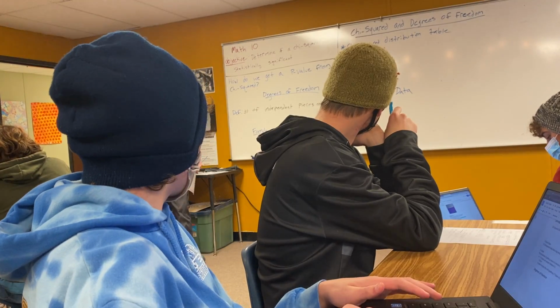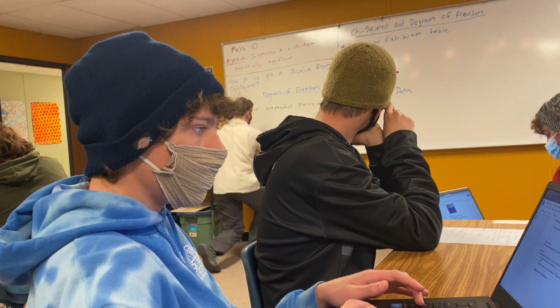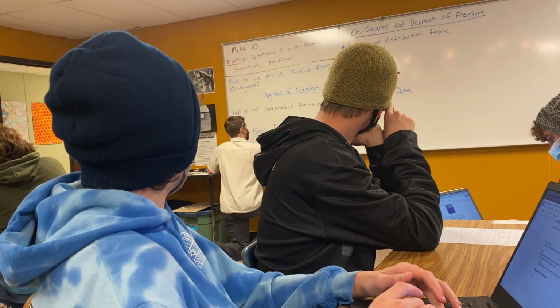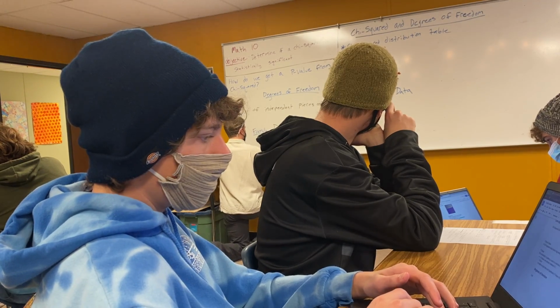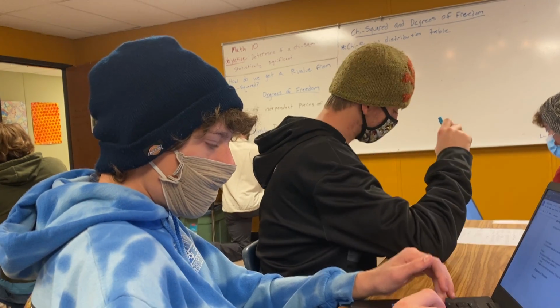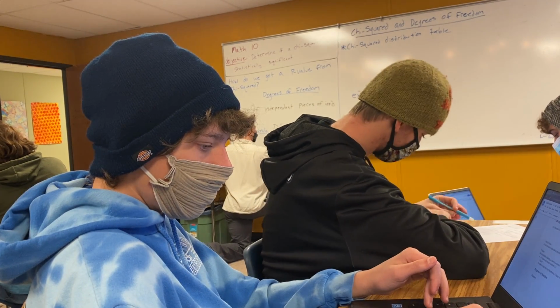And the formula I use for that is just this. df is what we call the degrees of freedom. It's just n minus 1, where n is the number of options, or number of pieces of information.